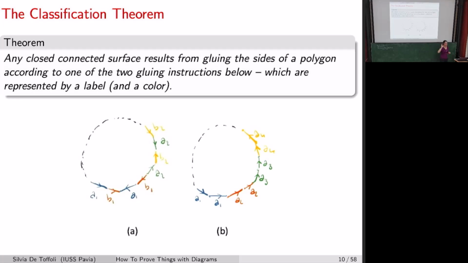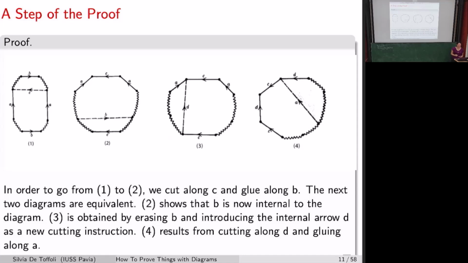orientable and non-orientable, by gluing the sides of polygons. And so you have a classification theorem that tells you you can do this. So they are all there. And in fact, how do you prove this theorem? In the same way I proved the little exercise.